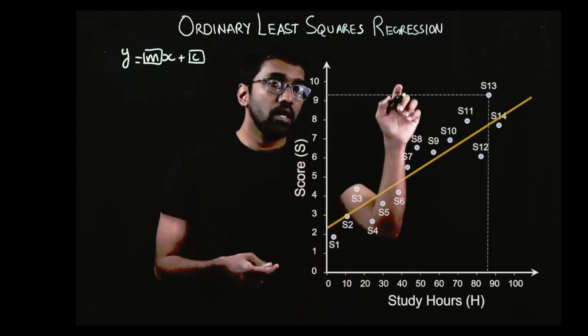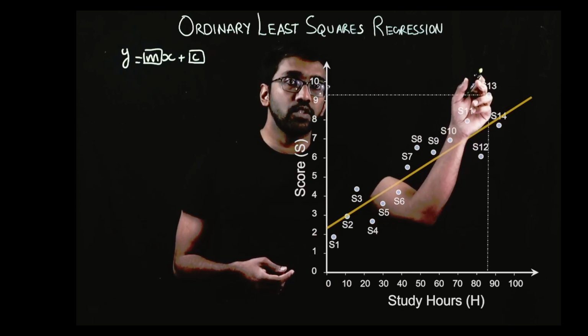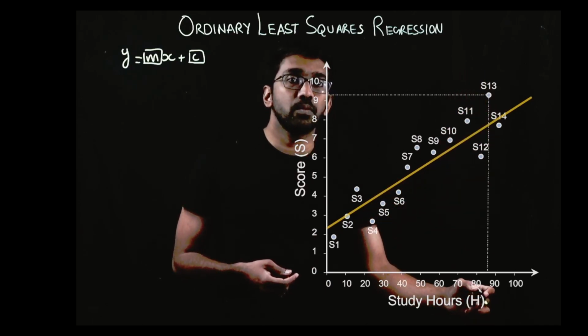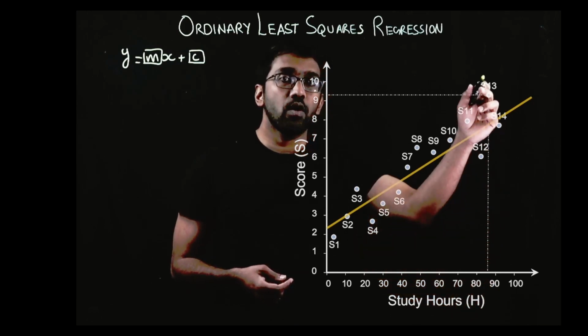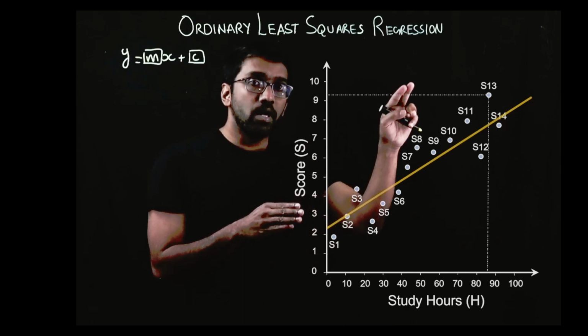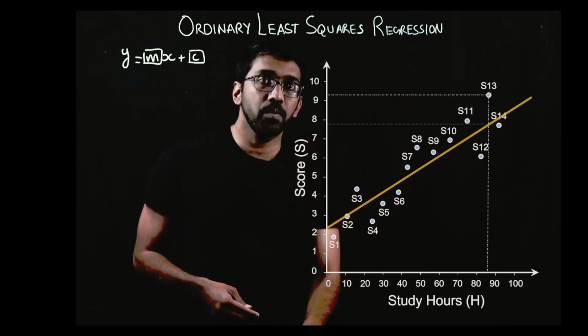You can see that for a point, for example S13, this is referring to student number 13, a student studied about 87 hours and obtained a score close to 9. But what does the model that we have in this figure say?